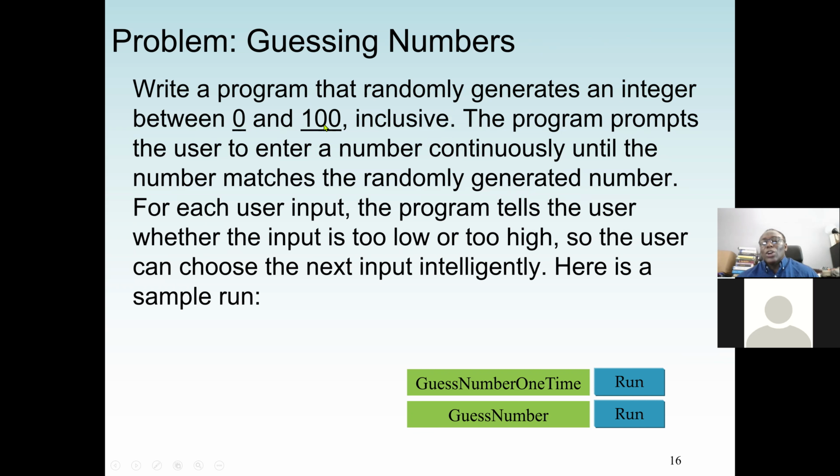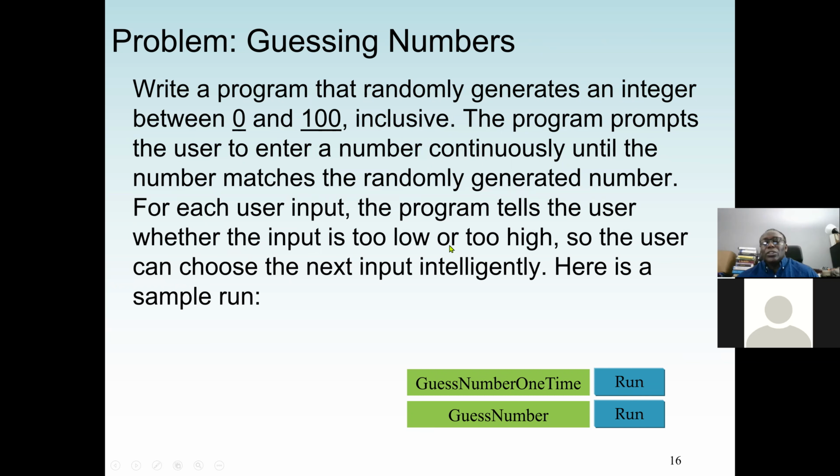Now, what this program will do is prompt the user to enter a number continuously, just guessing until the number matches the randomly generated number. For each user input, the program tells the user whether the input is too low or too high. So this is a kind of hint.